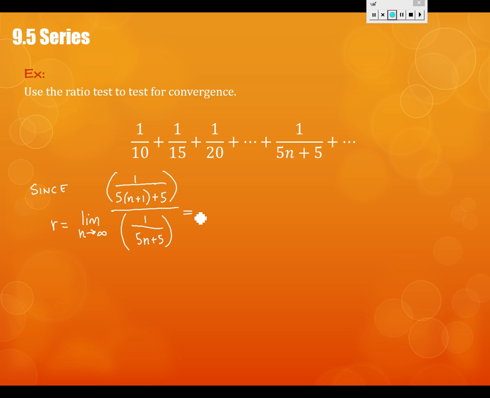What do you get after you do all that? What's the limit come out to be? What's R come out to be? 1. Yeah, so what does the ratio test have to say about this particular series? It has nothing to say about this one. So I wanted you to see one that comes out to be inconclusive as well.